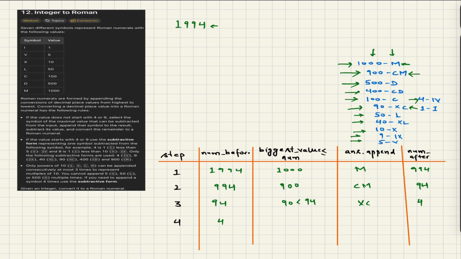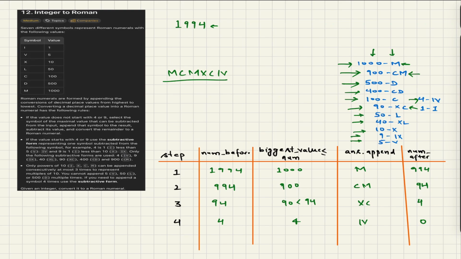So yes, it is greater than or equal to 4. So I'm just going to append this to my answer, and then 4 minus 4, I will be left with 0. Now since we were just appending, my answer would be MCMXCIV. So yep, this would be my answer for this question.